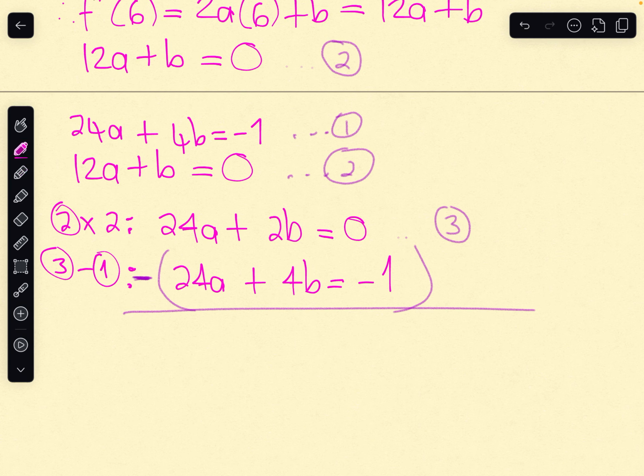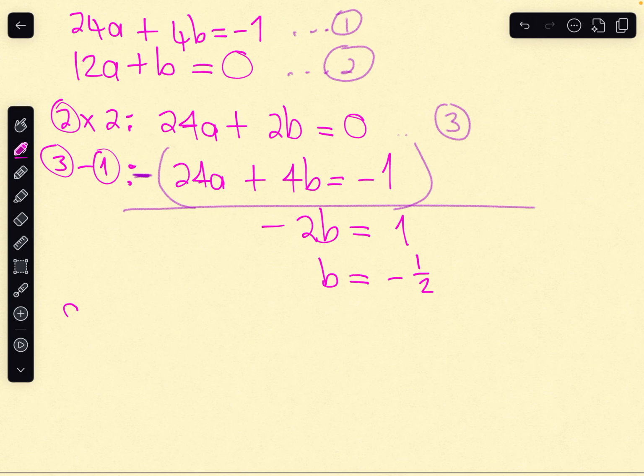So if we say 24a minus 24a, they eliminate each other. 2b minus 4b is negative 2b, and then 0 minus minus 1 is positive 1, and so b is negative a half, and then sub b is equal to negative a half into whichever equation makes you happy. I'll just put it into 1.